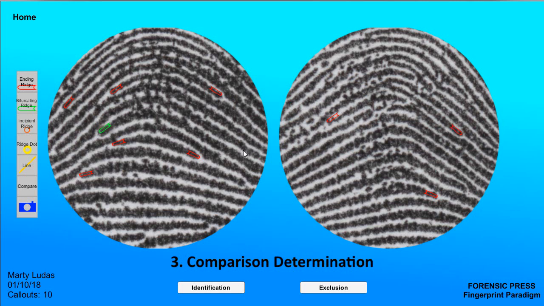could possibly be this. Let's count the ridges between these two. 1, 2, 3, 4, 5, 6. 1, 2, 3, 4, 5. So our ridge count is different between these two.